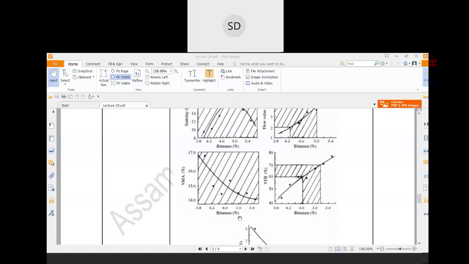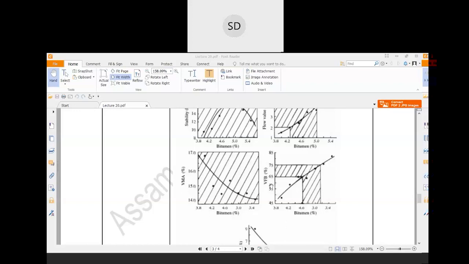Now the next plot is bitumen percentage with respect to VMA. What will happen as you increase the bitumen content? VMA will reduce. Why? Because as you increase the bitumen content, it will occupy the spaces reserved for the air voids present in the mix. Therefore your VMA percentage, the voids in the mineral aggregate, will decrease.